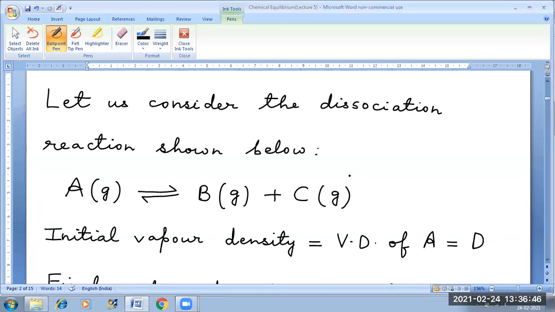Any question dealing with equilibrium takes place in a closed vessel, so gas can't escape. The volume is constant.